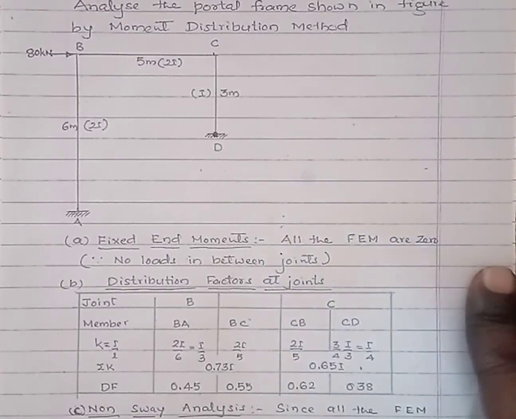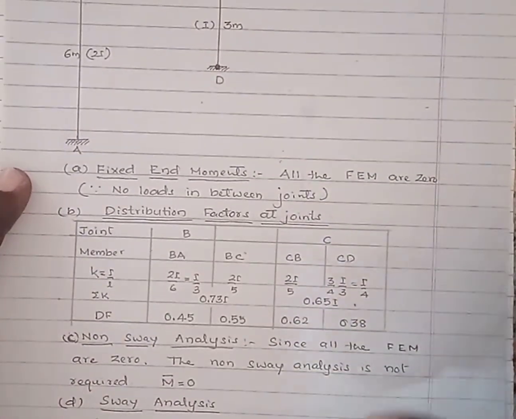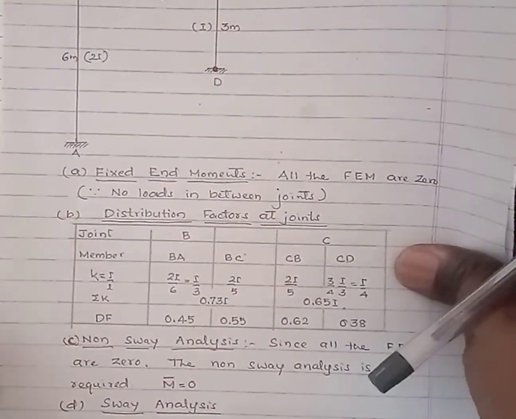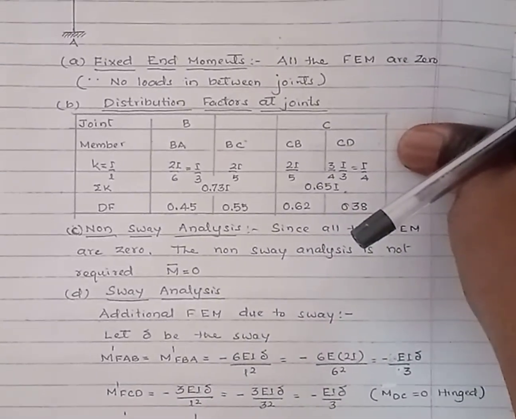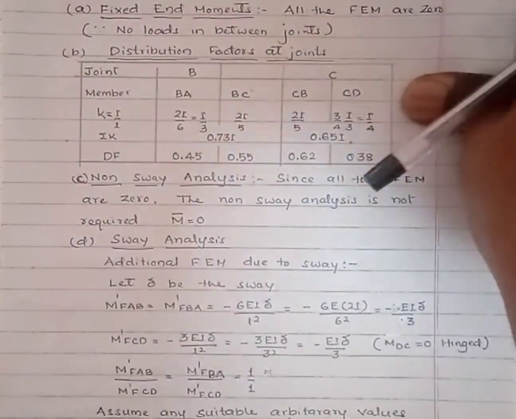But here the members are not subjected to any loads, so the fixed end moments are zero and the non-sway analysis is not required. Consider that M bar equals 0. This is the non-sway analysis. Then we have to go for the sway analysis. That is the next step.